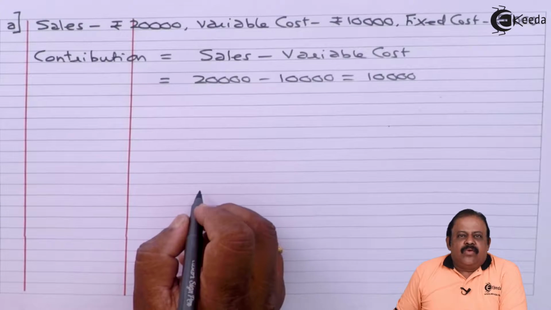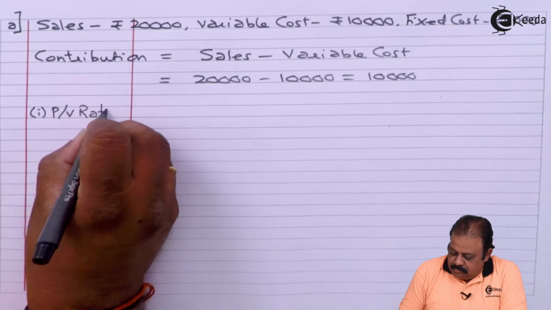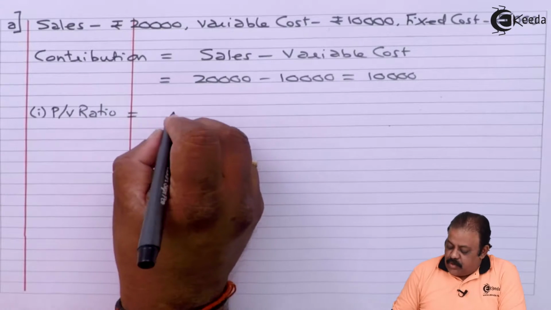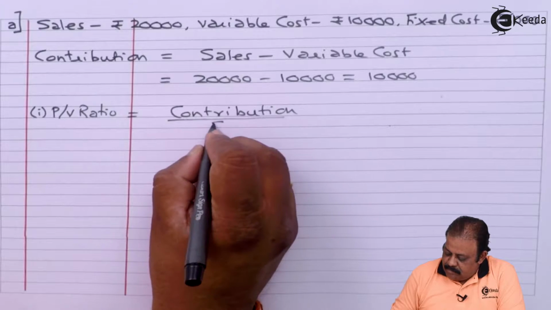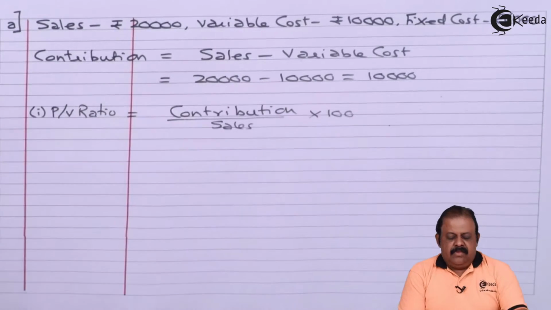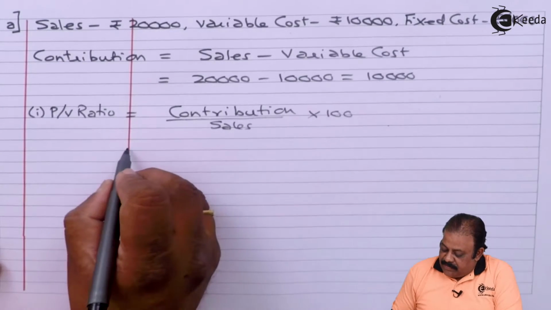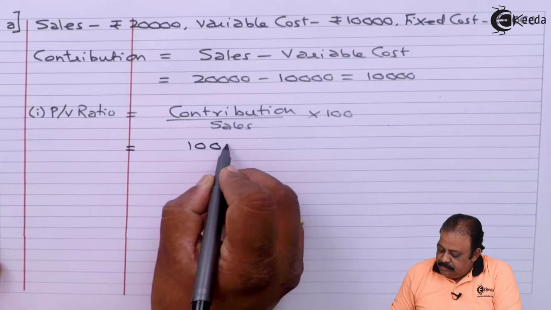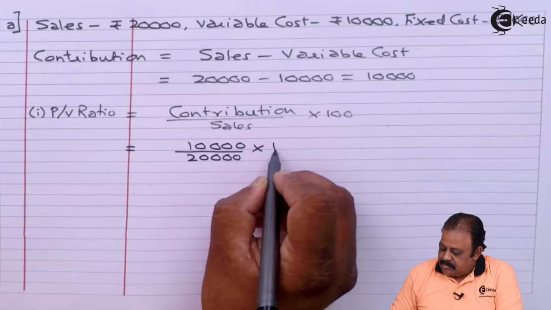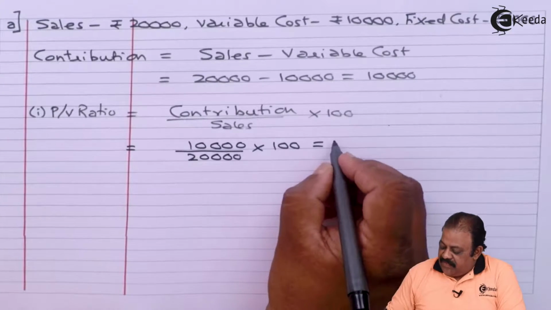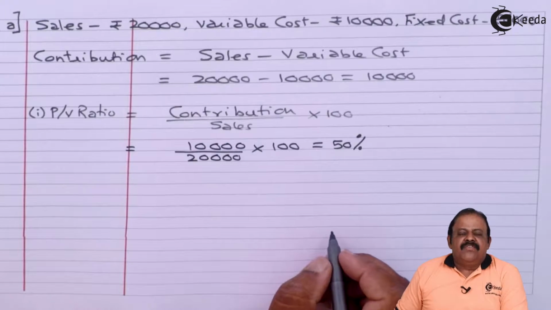Now we can proceed to calculate PV ratio. Formula for PV ratio is contribution upon sales multiplied by 100. Here we have contribution 10,000, sales 20,000. So it will be 50%. We got the information of PV ratio.